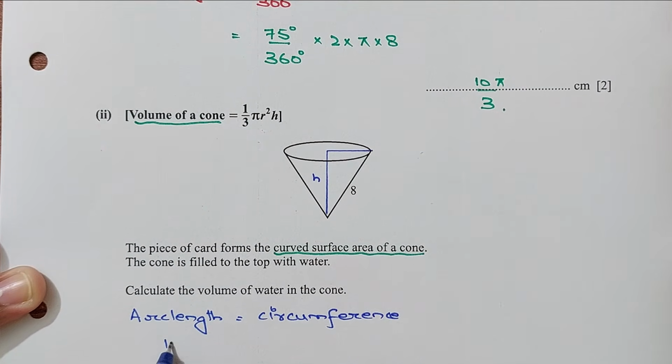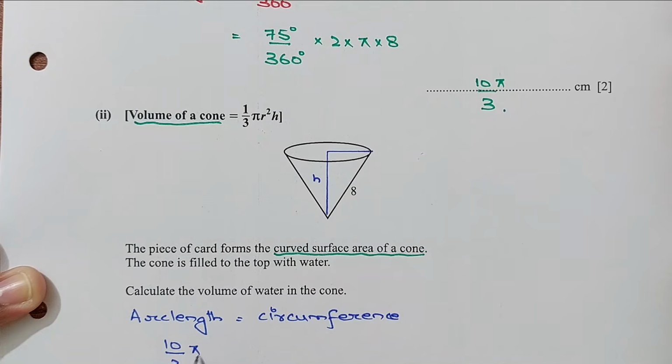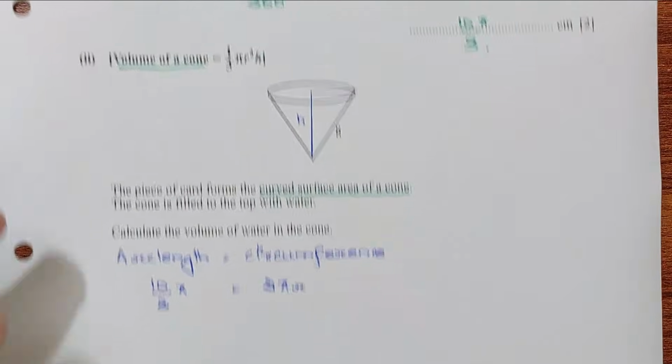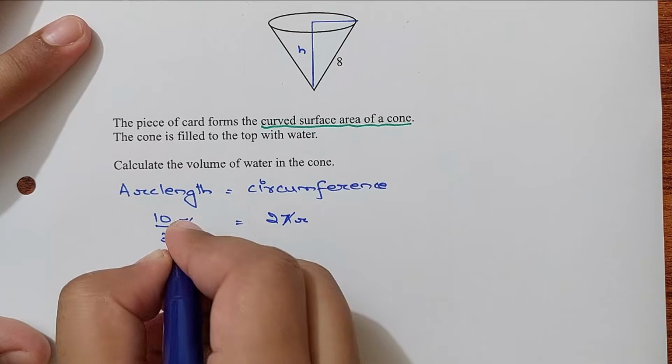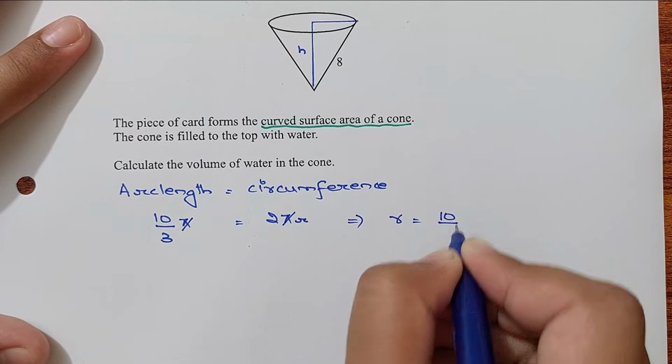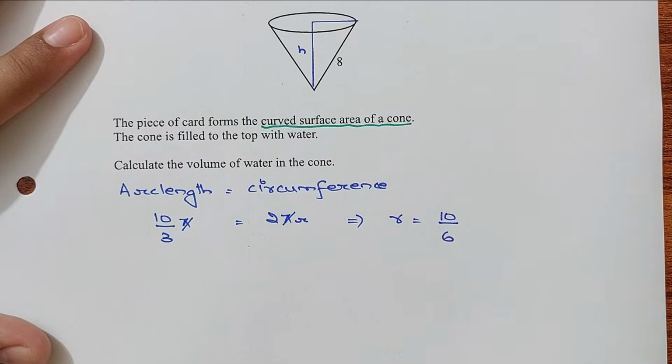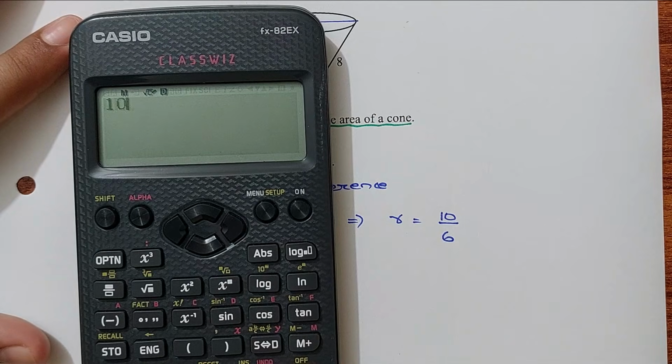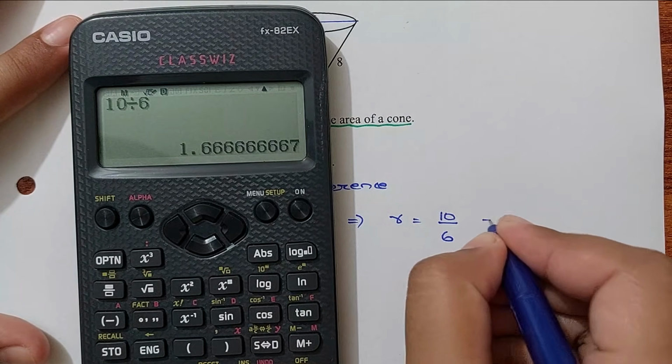The arc length we got is 10 over 3 pi. The formula for circumference is 2 pi r. Let me solve for the radius. Pi cancels with pi. The radius from here is 10 over 6, which is 1.67.